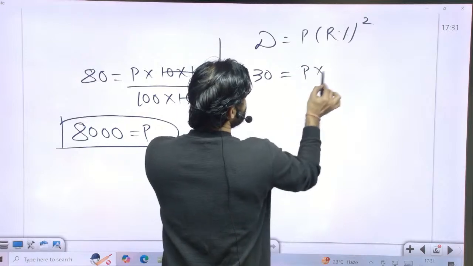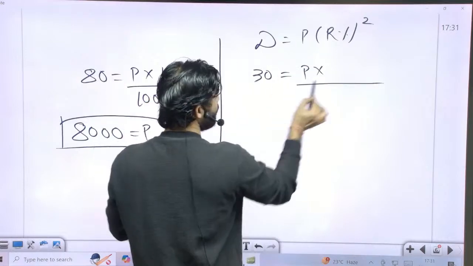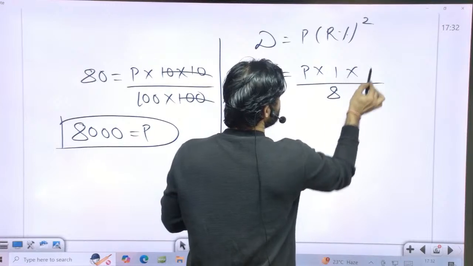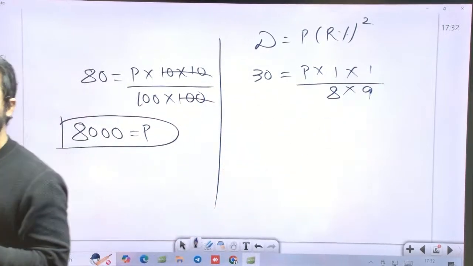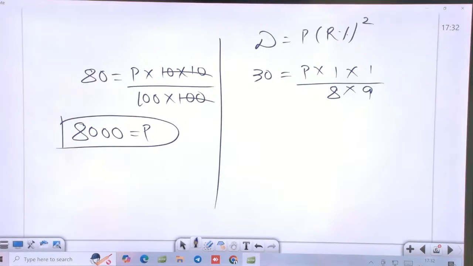One rate was 1 by 8 and one rate was 1 by 9. Are you getting my point? So in the case of 2 years, it will help you directly. Whether you are getting the rates in fraction or different rates, I think there is no such kind of confusion about it now. Okay.